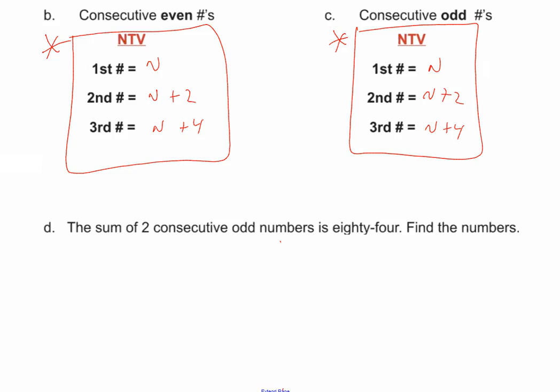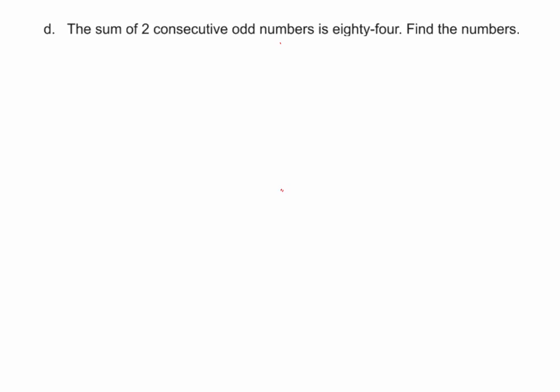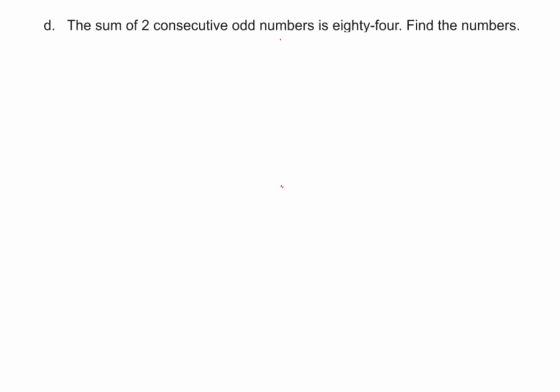Okay, so one last problem here. The sum of two consecutive odd numbers is 84. Find the numbers. How do we start? Okay, and we have the first number and we have the second number.